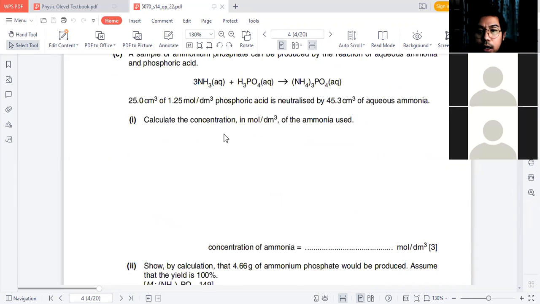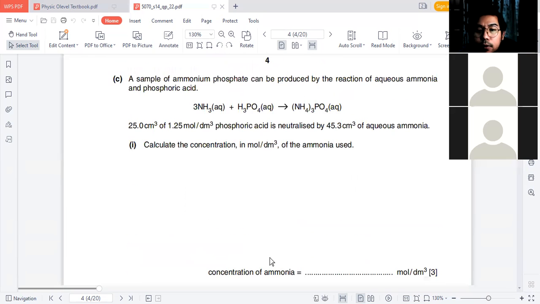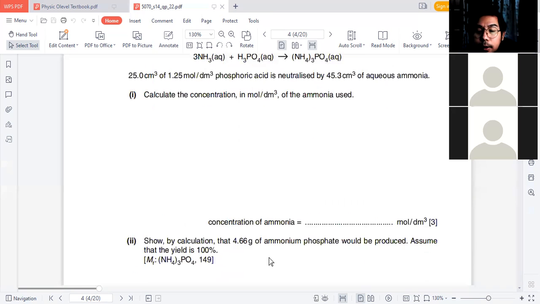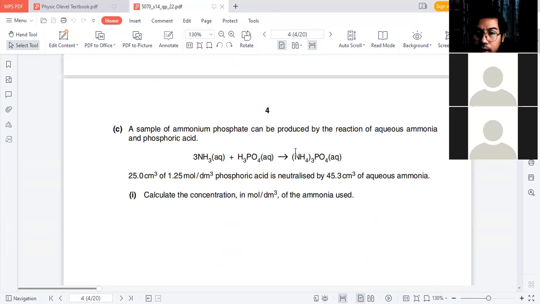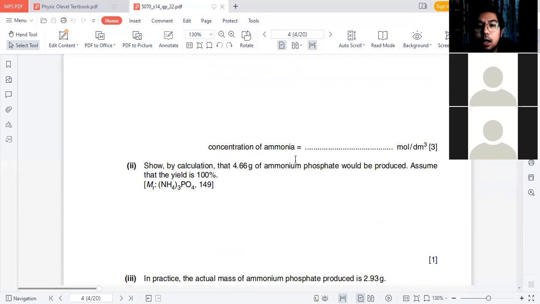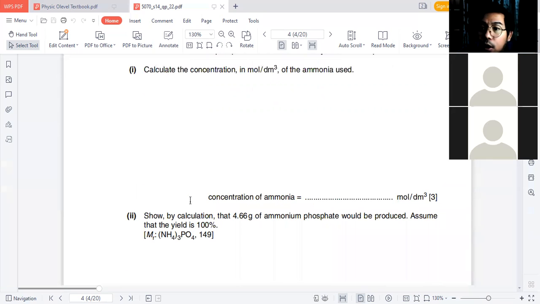In terms of this, you already know the mole of phosphoric acid. The mole of phosphoric acid and the mole of ammonium phosphate are the same. So use your mole from just now.